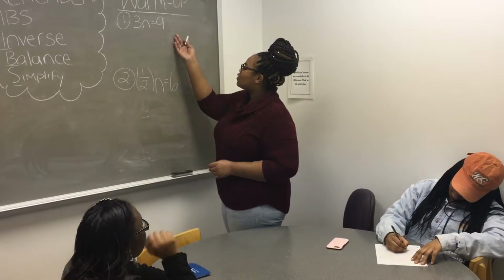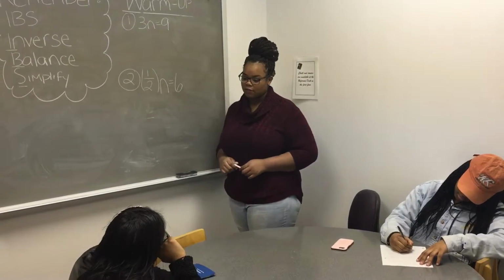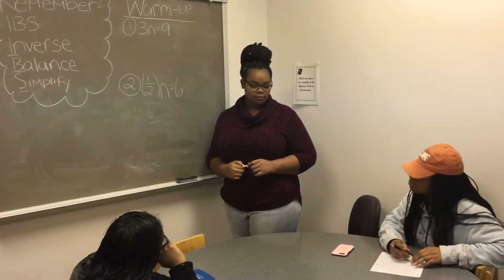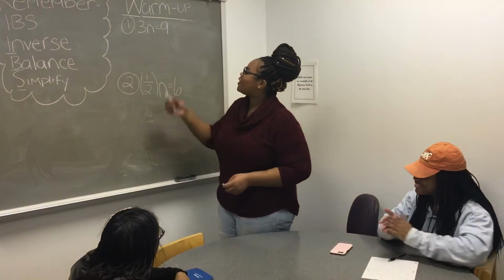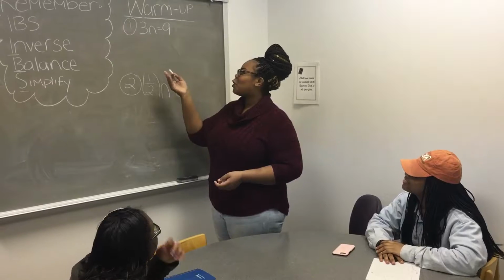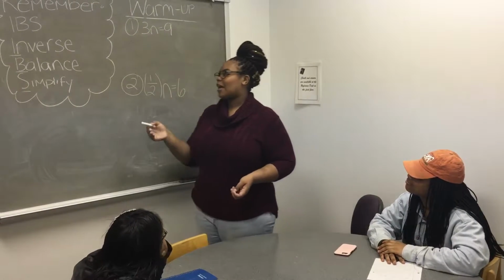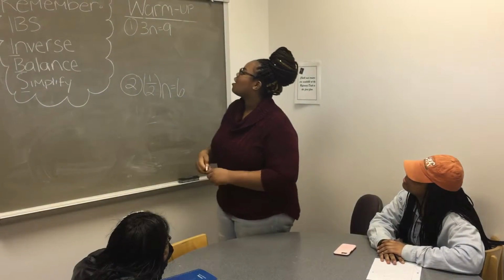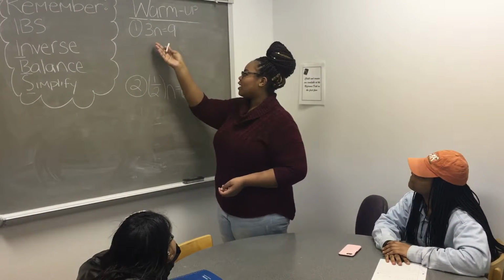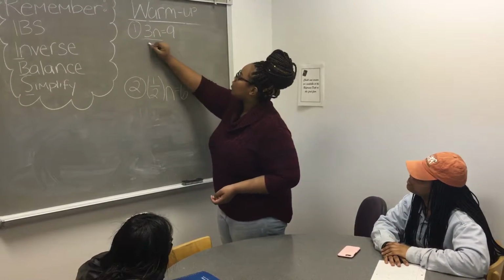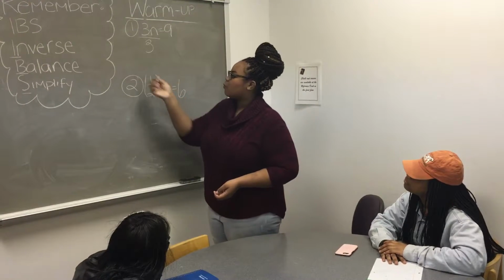Okay, so for this one, does anyone know how many operations are involved? Jasmine? Okay, so depending on how many operations we have, which is one in this case, is how many times we're going to repeat IBS. So, to cancel out 3, we want to divide by 3, and we want to balance it.